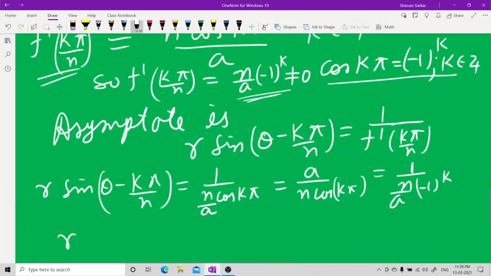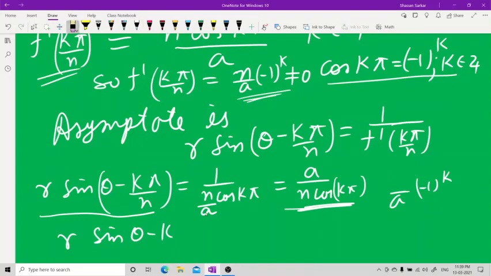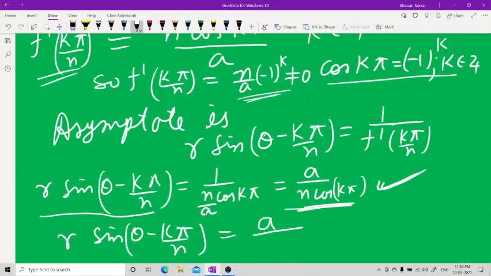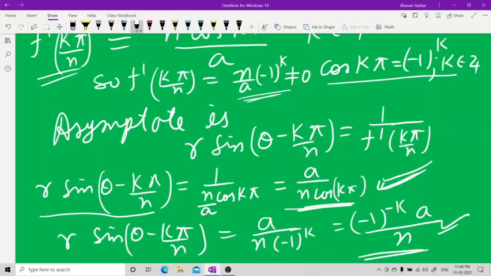So this will be r sine theta minus k pi. See, you can do it till here, you can finish यहाँ तक करके खत्म कर सकते हो, or if you want to carry on, you can write a upon n minus 1 to the power of k, and this will become minus 1 to the power of minus k. If you take it up, a upon n, this will also do. You can finish it here only.